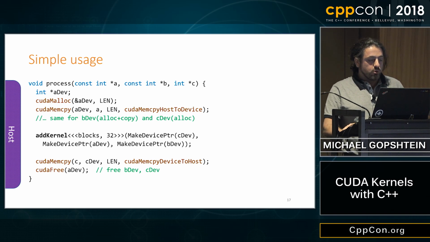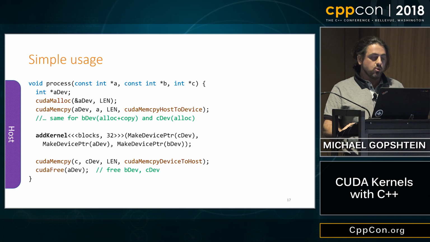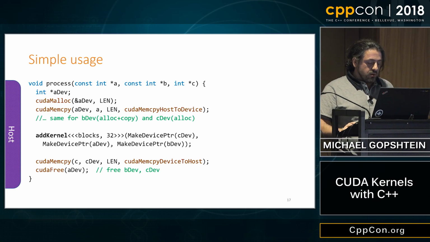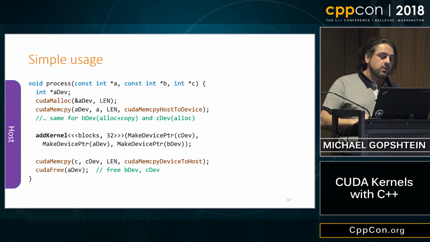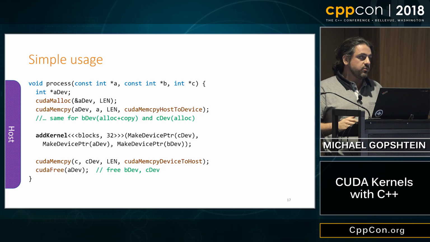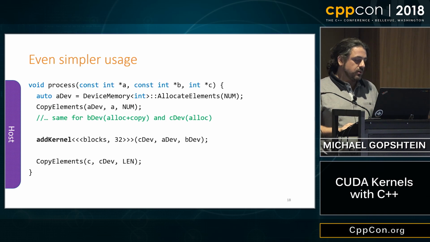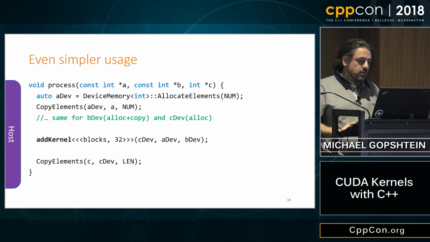And now we can launch our kernel, and instead of using raw pointers, we would use the make device PTR call, and now the call is safe. And when it's finished, we want to copy the memory back of the resulting vector C and free all the arrays on the GPU. Maybe an even simpler way of writing this code can be this.